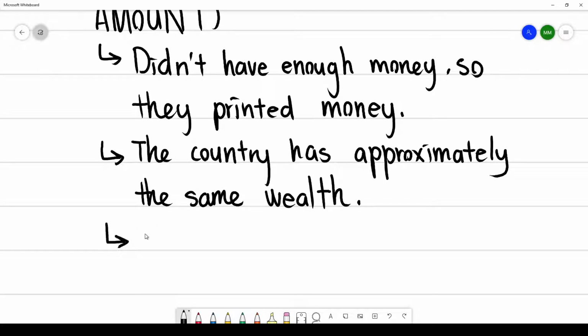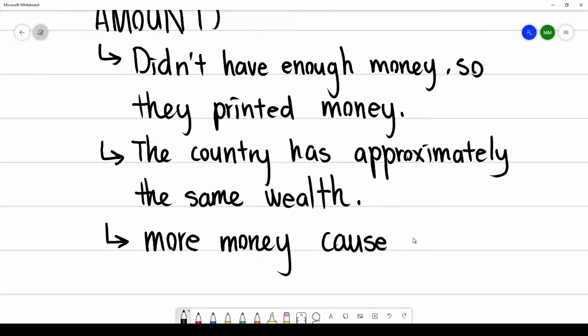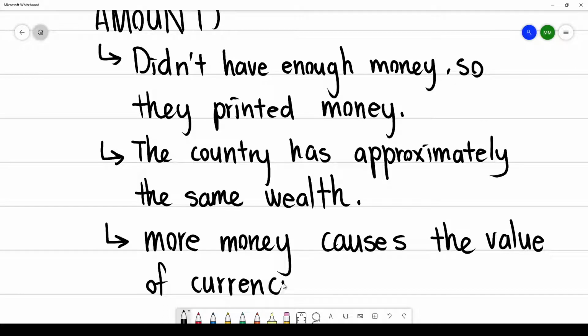So then, more money causes the value of the currency to go down.